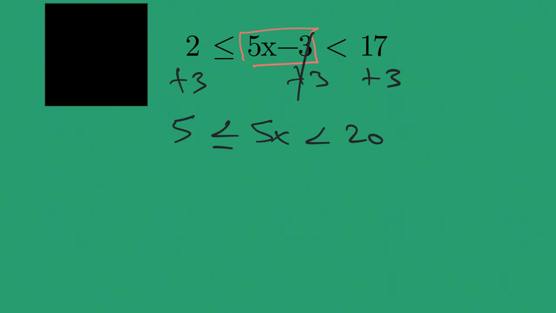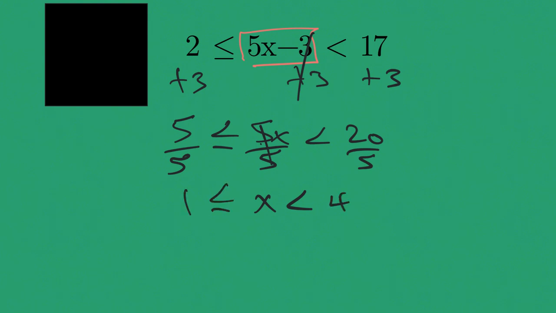The solving steps are going to be the same for both sides. What's the solving step now? What's the last step? How do we get rid of the 5? Divide by 5. Divide by a positive 5. Dividing with a positive number, the inequalities are going to stay the same. 20 divided by 5 is what? 4.